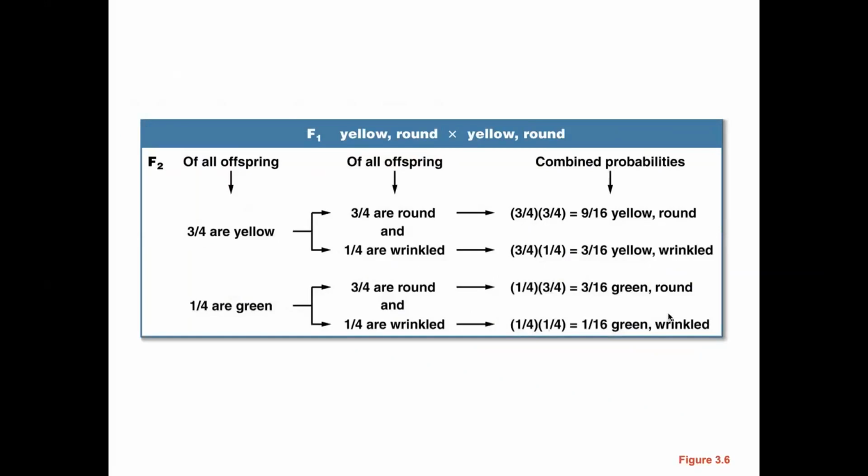So 3/4 times 3/4, the probability of exhibiting the dominant phenotype for each individual trait, and because of independent assortment, the inheritance is independent, so you can multiply those values together to get the 9/16. That's an application used within these branch diagrams, and we'll talk more about it in a little bit.